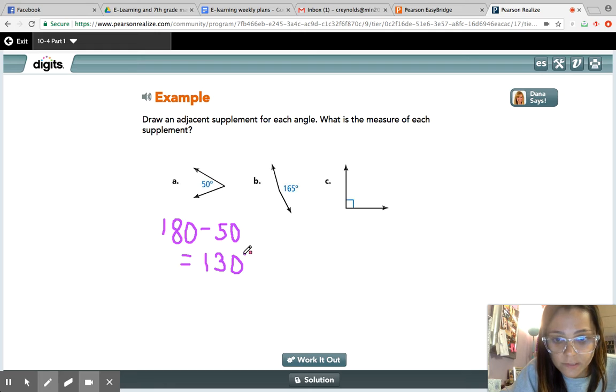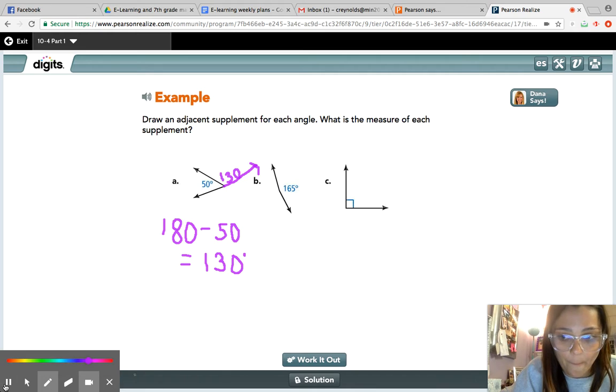So the supplement to this 50-degree angle that will make it supplementary is 130 degrees, and I know 180 degrees is a straight line, so if I want to draw this angle, I need to make a straight line going across. This would be 130 degrees. So when we add these two together, it equals 180 degrees, so these are supplementary angles.